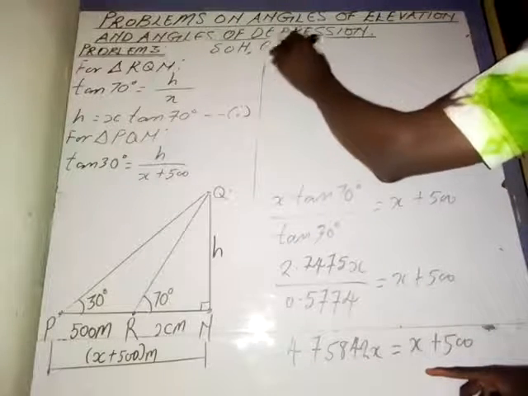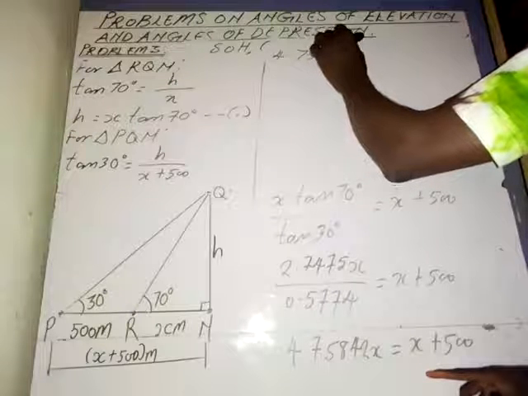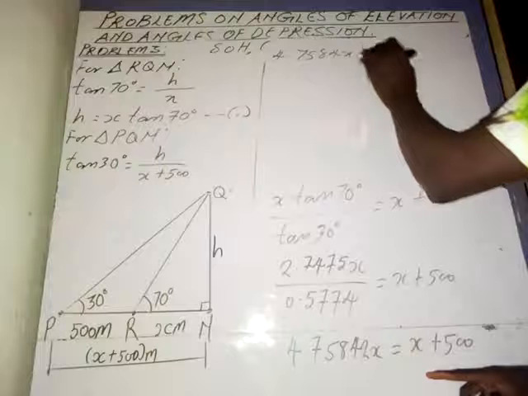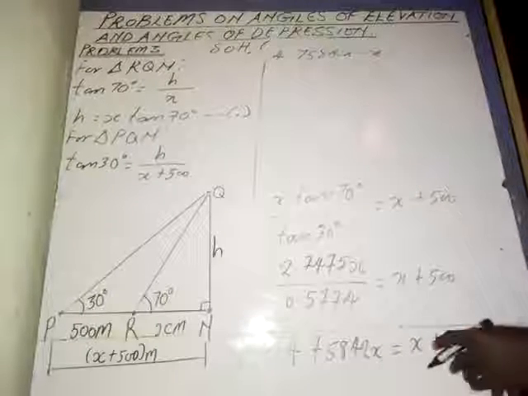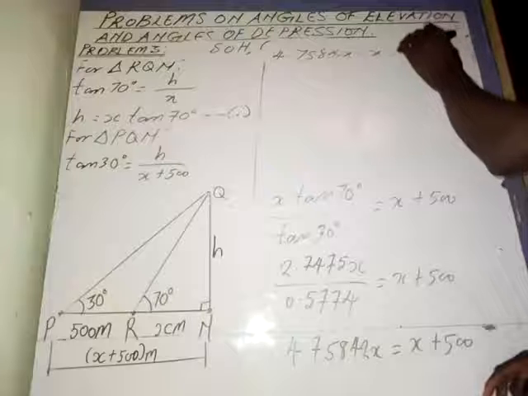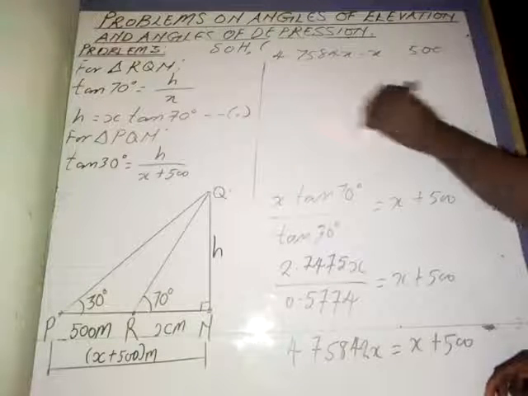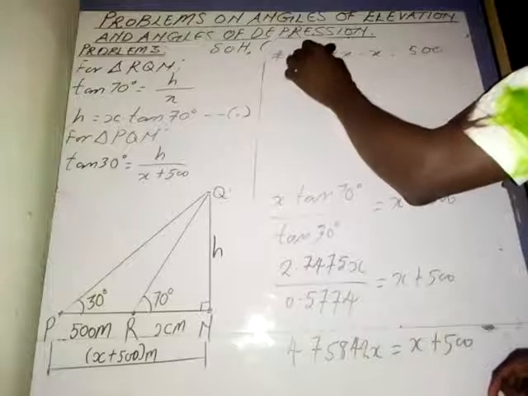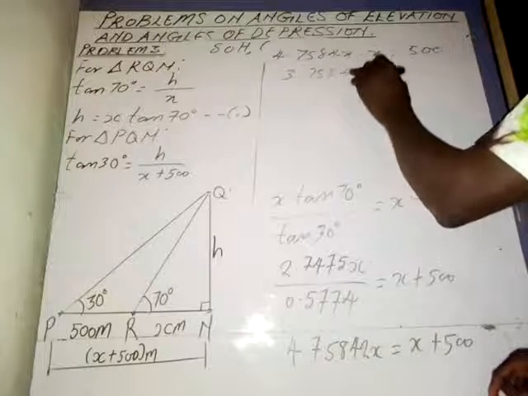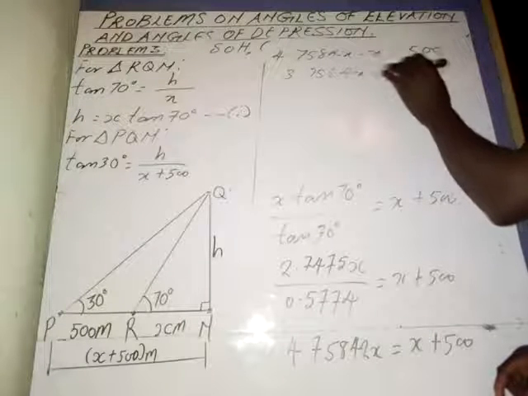So we now have 4.7584x minus x, equal to, bringing this x to this side, what I will have left here is 500. So this will give me 3.7584x, equal to 500.